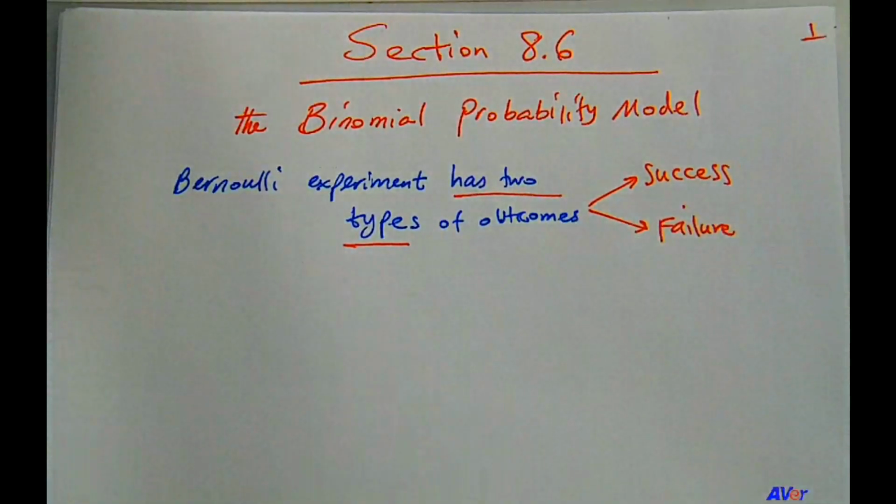For example, you can flip a coin 500 times, but if you are looking for heads, then every time the coin comes up heads, that is considered a success event. And when you're getting a tail, that event is considered a failure event.